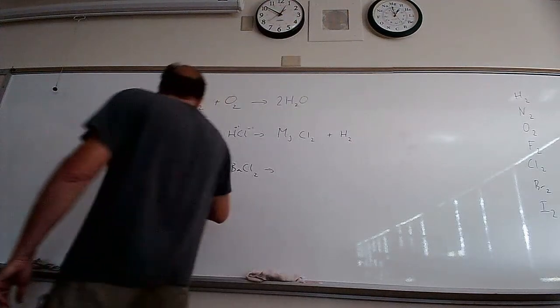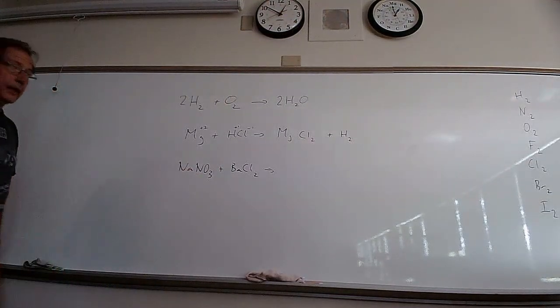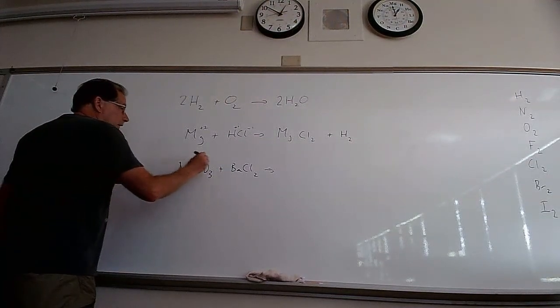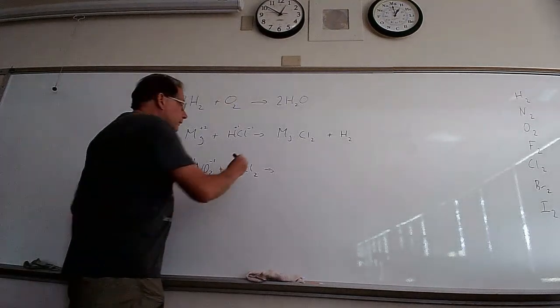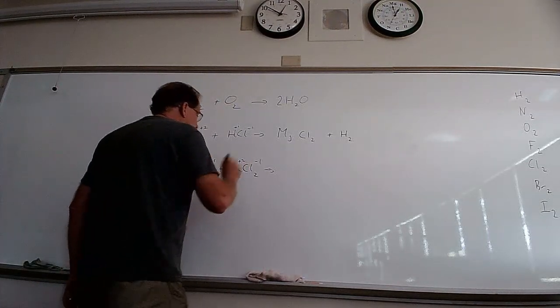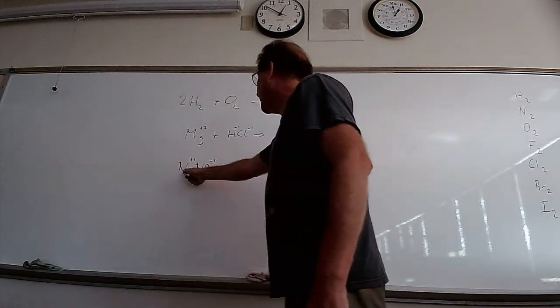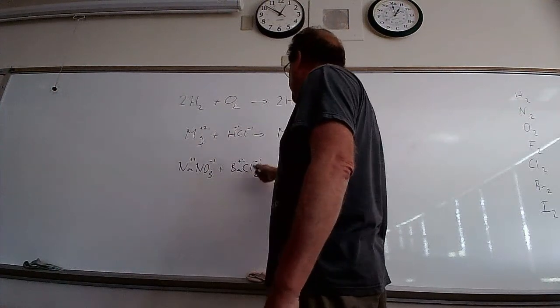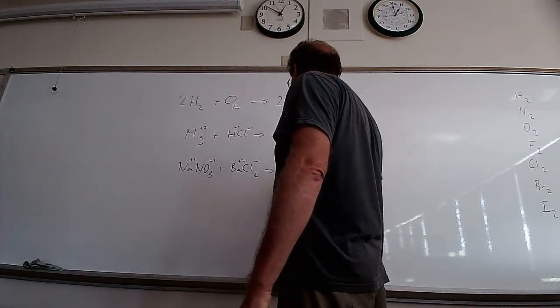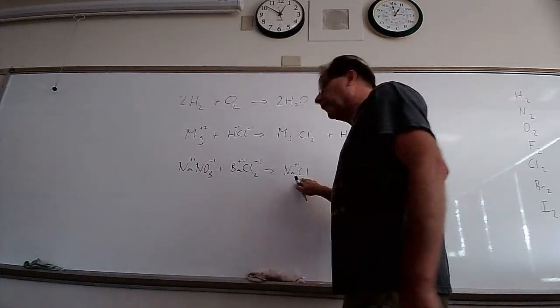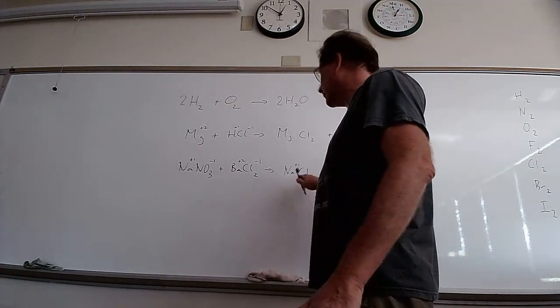Okay, next I've got a double replacement reaction. Na is plus 1, NO3 is minus 1, Ba is plus 2, and Cl is minus 1. So Na is going to combine with Cl, so I write down Na. Do I write down Cl or Cl2? No, just Cl, because if you check your chart, that's what's written down.